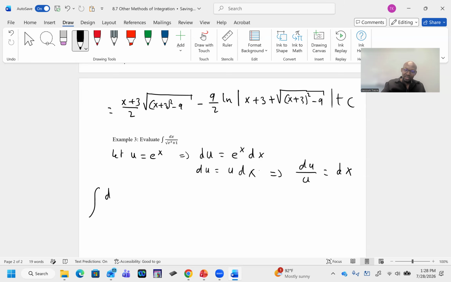the integral of dx over square root of e^x plus 1 can be rewritten as du over u times square root of u plus 1.